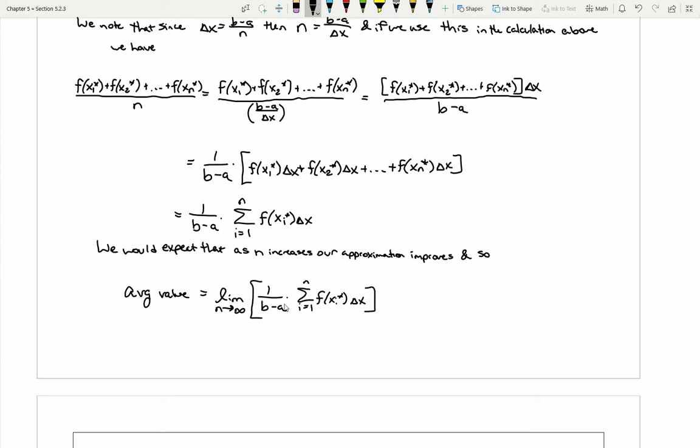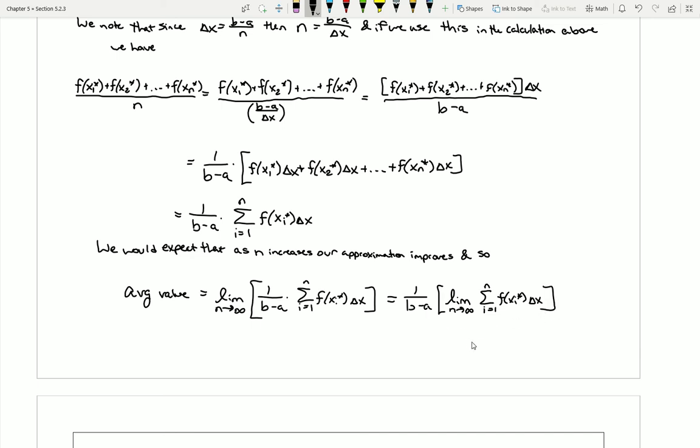Now, one final cool thing that I can actually do here is that I can see that, wait, 1 over b minus a, that's just going to be a number. And so I can take that number and actually pull it outside of this limit. So that's 1 over b minus a. And then I would be left with a limit as n approaches infinity of this sum as i goes from 1 to n, f of xi star times delta x.